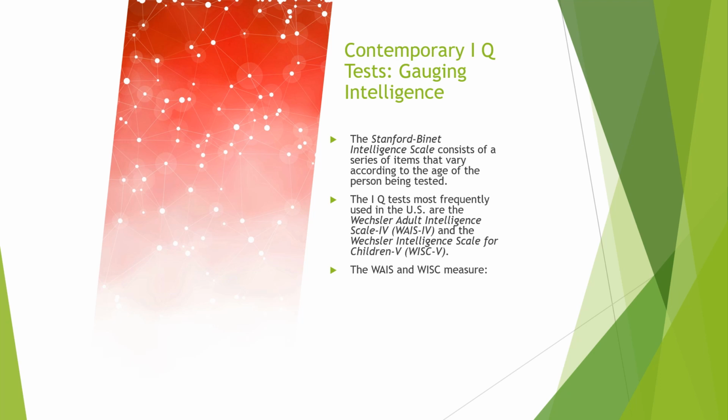The WAIS and the WISC measure 4 different things. They measure verbal comprehension, they measure perceptual reasoning, they measure working memory, and they measure processing speed.